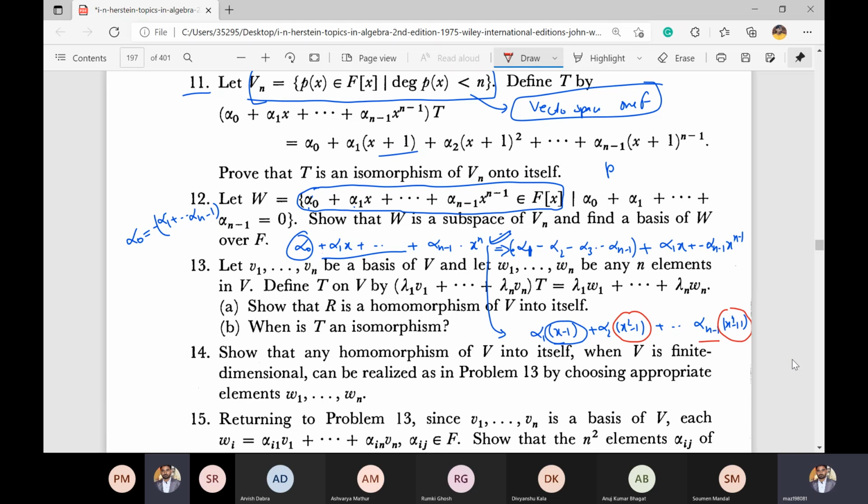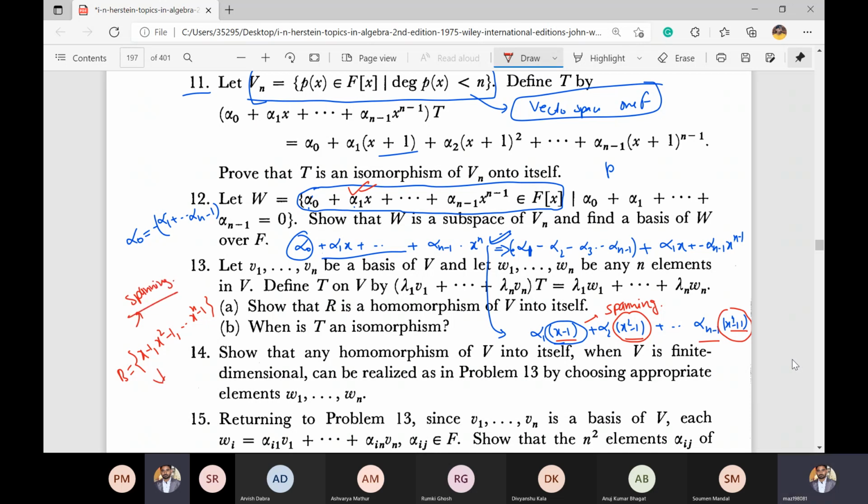So we can say that any polynomial in this set W can be written as a linear combination of x minus 1, x square minus 1 up to x power n minus 1 minus 1. Basis means it becomes especially a spanning set, not exactly a basis yet. So we can say that this set B equals x minus 1, x square minus 1 up to x power n minus 1 minus 1 is a spanning set.